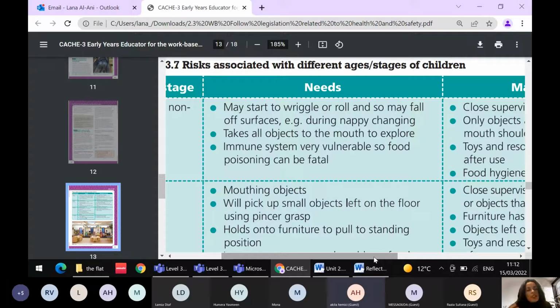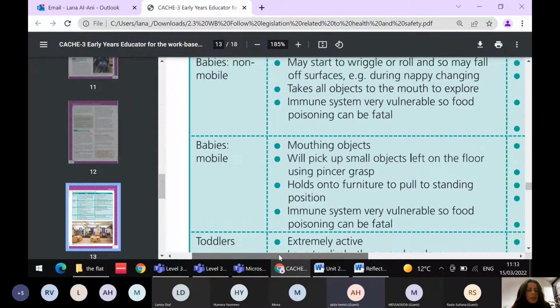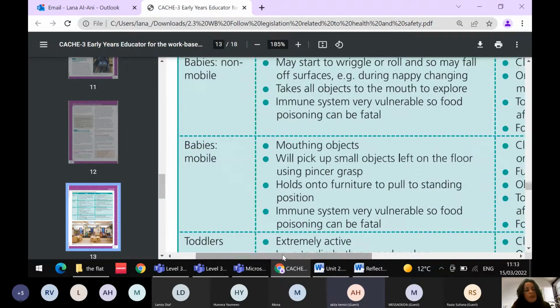So these are all examples of risks that might happen. Also, if they take an object in their mouth, as we said, but it's not clean. Also, the food we're giving them might cause an allergic reaction. If the child can't move, maybe they move a lot and hurt themselves.